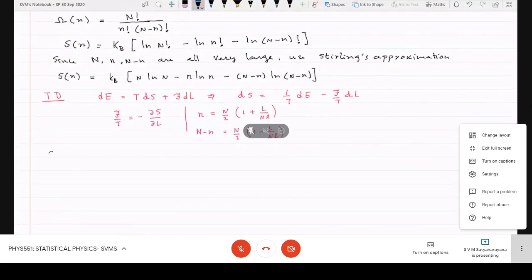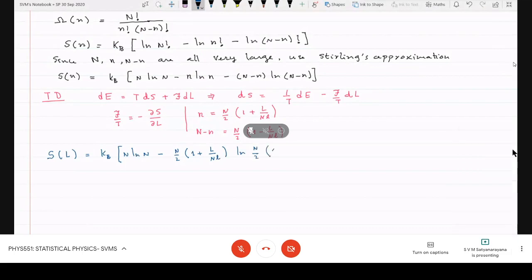I will have S as a function of L equal to kB N logarithm of N minus N by 2 into 1 plus L by NL into logarithm of N by 2 into 1 plus L by NL.